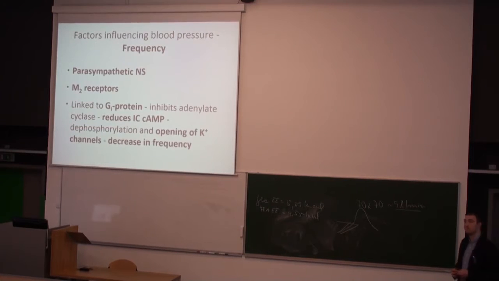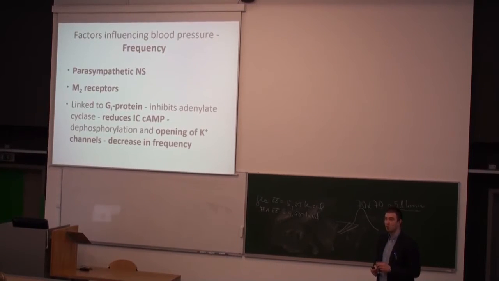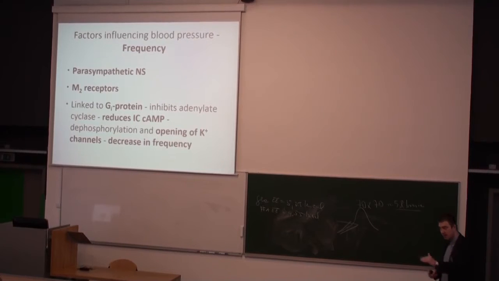Question? If you have the frequency 60, 70, what's more dominant, sympathetic or parasympathetic nervous system? That means in the resting state of your heart. Parasympathetic is in quicker action. So if you switch off parasympathetic, that is the first thing how you can increase the frequency.